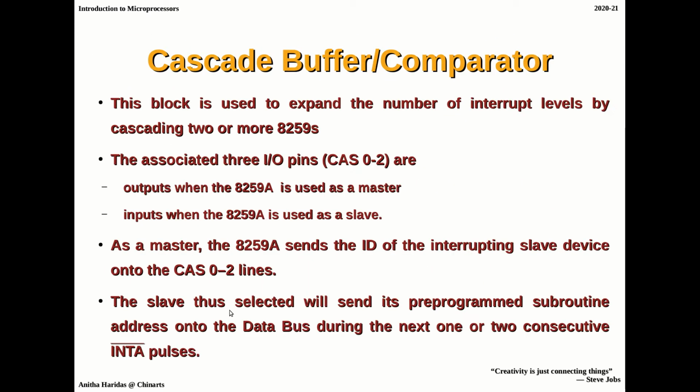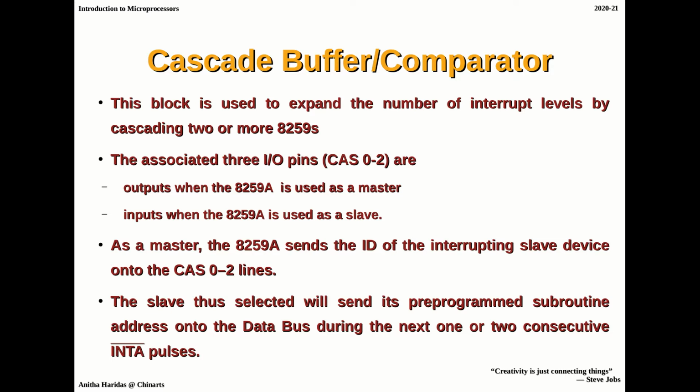Now let us see what the role of the cascade buffer is. This functional block is used to expand the number of interrupt levels by cascading two or more 8259A. That means, using one 8259A, we can connect a maximum of 8 input output devices.